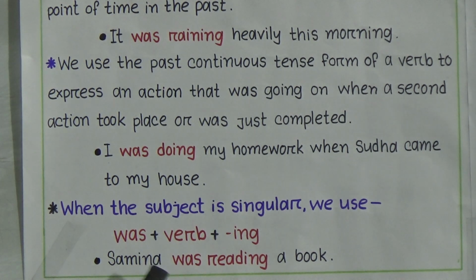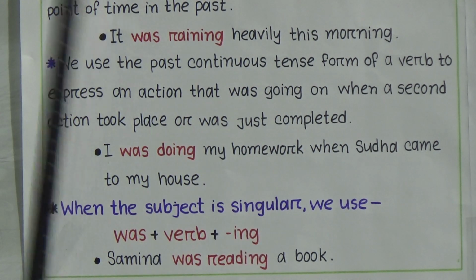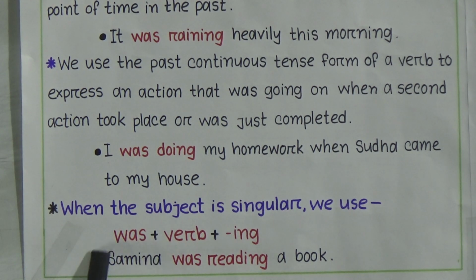Look at this example. Samina was reading a book. Here Samina is the name of a girl, only one girl. So this name is singular. So you must use was as the symbol of past continuous tense.